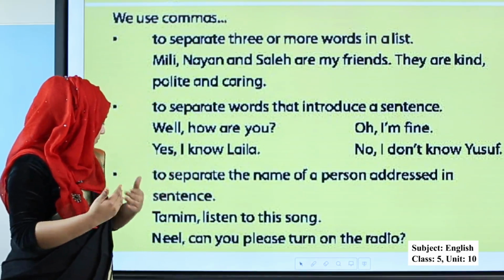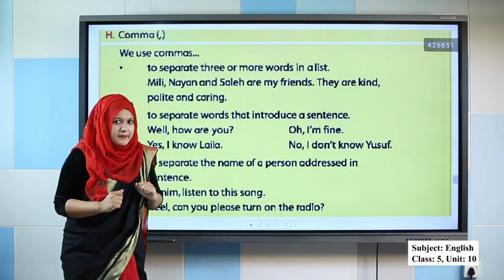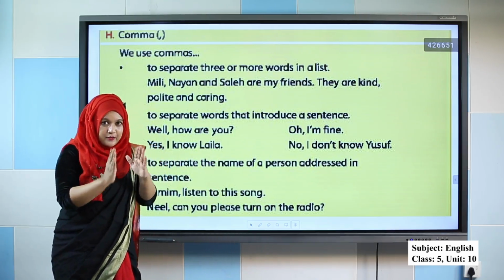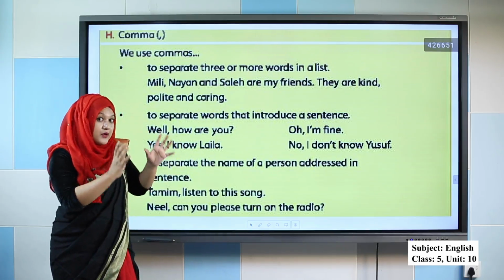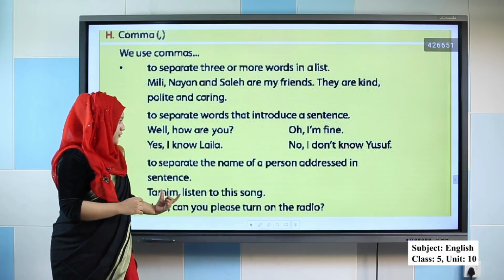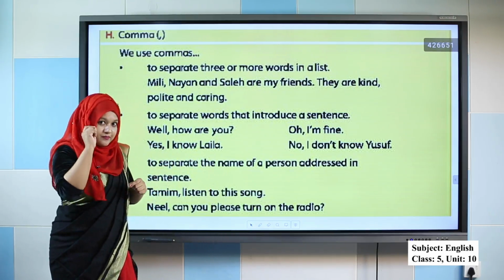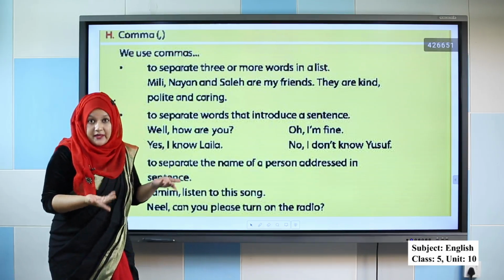Tamim, listen to this song. Then we need to separate the name of a person, Tamim, addressed in a sentence. So we need to use comma after the name of the person, Tamim.